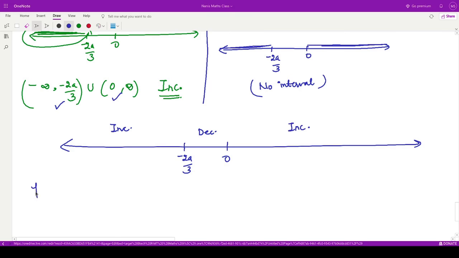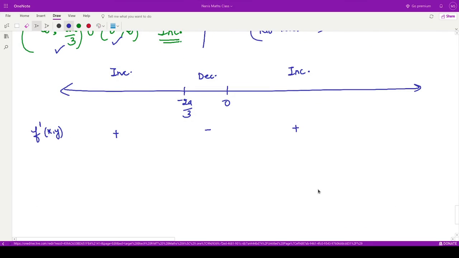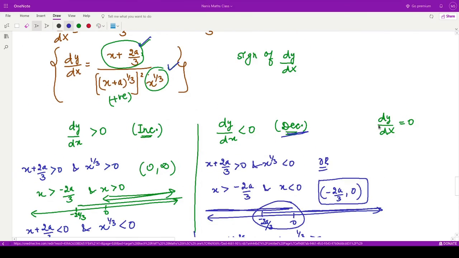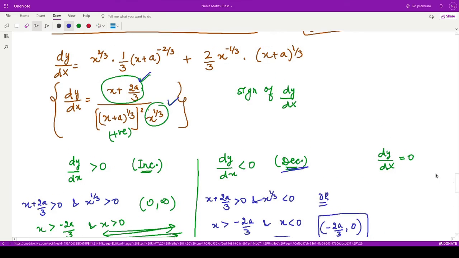So here the derivative of our function, f dash of x, has the sign positive, negative and positive.